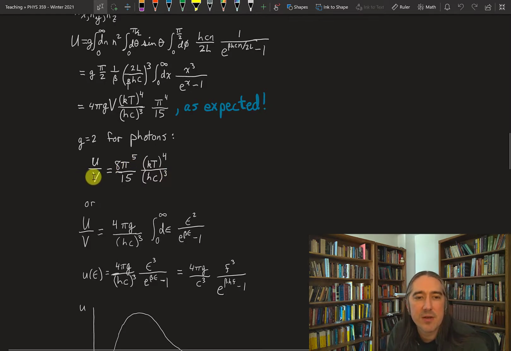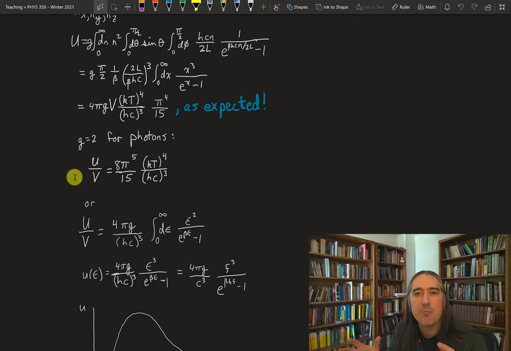I've dropped the V over here because what I want you to see is when we have a gas of photons, or light in a cavity, either way you talk about it, there's an energy density, an energy per unit volume. That's really the physical thing.